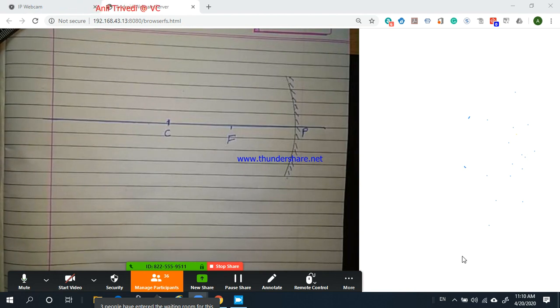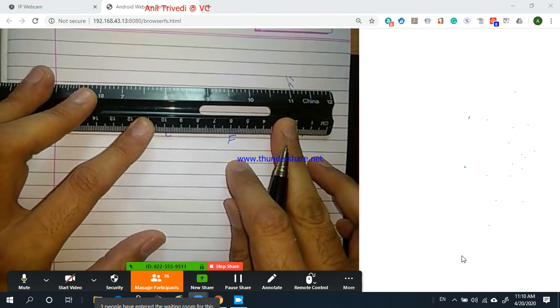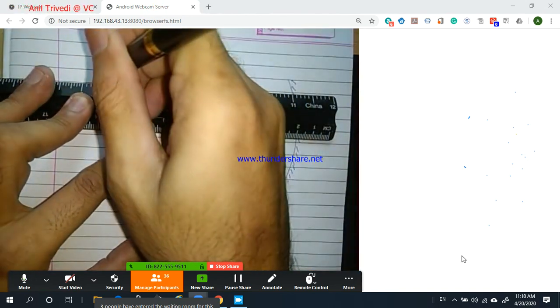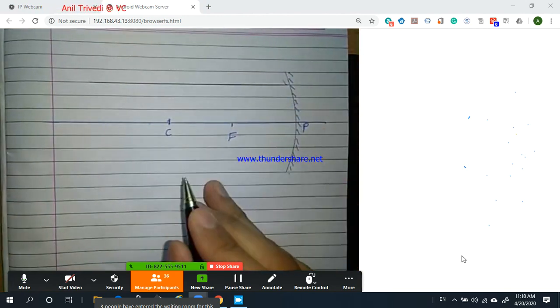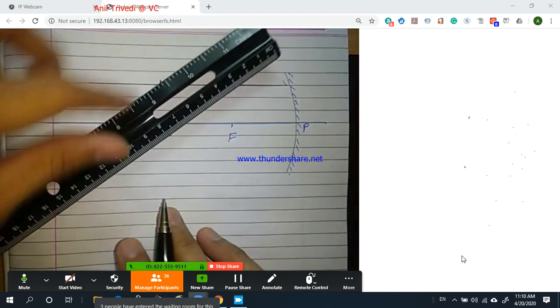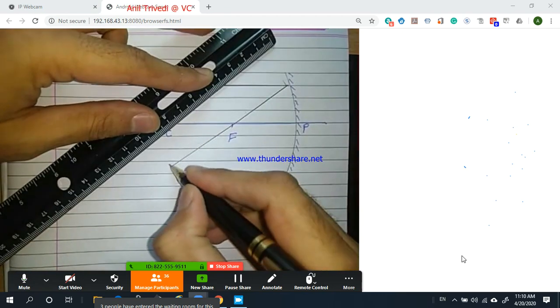Now you have to show rays coming from a long distance. So we will show this is the first ray, the incident ray, and it has to pass through the focus.